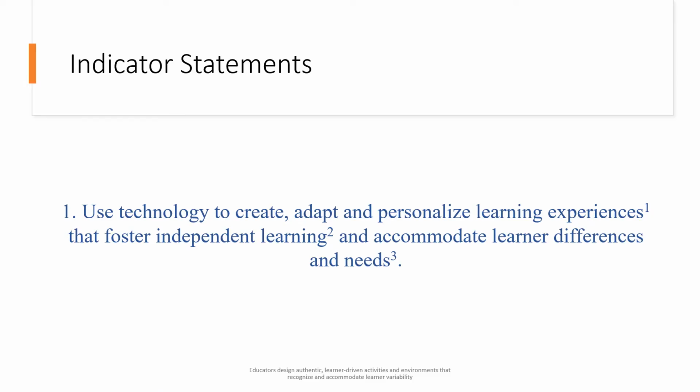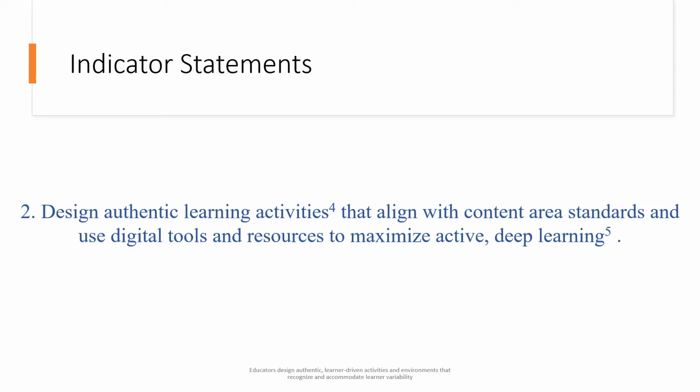The indicators provide further direction of how to be a learning designer. The first indicator focuses on the use of technology to consider all learners. It states, use technology to create, adapt, and personalize learning experiences that foster independent learning and accommodate learner differences and needs. The second describes an educator who is thinking about the content to be covered and how to use technology to design authentic learning experiences.